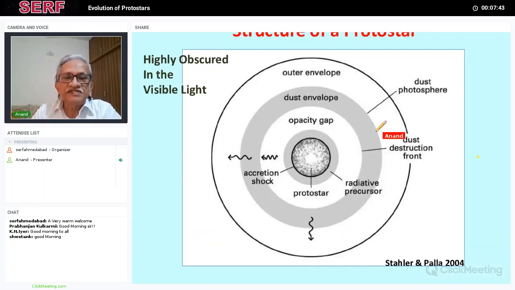Now if you look at the internal structure of a protostar, here what I have depicted, this is a protostar core. In this core, the temperature is sufficient, about 1,000,000 degrees Kelvin, at which the deuterium reactions can start. That means a proton and a proton will combine to give a deuterium nucleus, and the deuterium nucleus in turn takes on another proton to form helium-3 isotope.